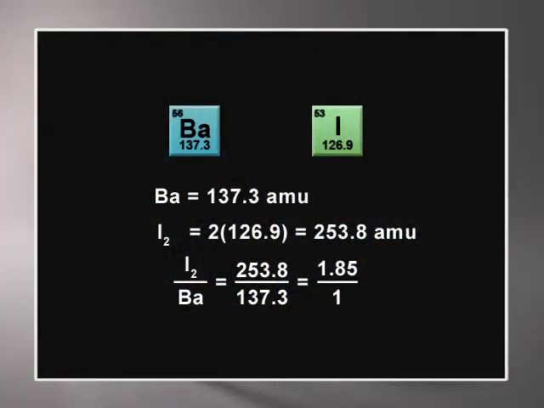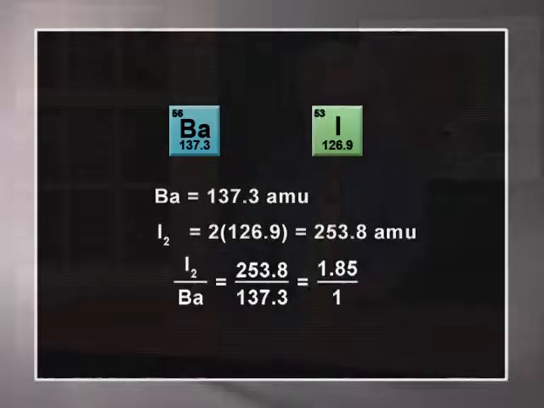Now, we've already discussed the fact that the relative weight of an iodine molecule compared to a barium atom was 253.8 to 137.3, which was a ratio of 1.85. One iodine molecule was 1.85 times heavier than one barium atom.